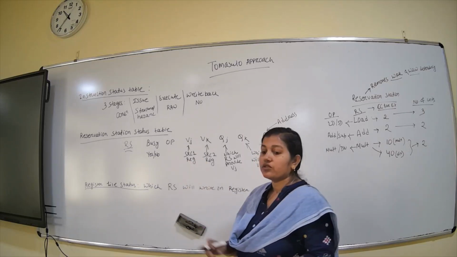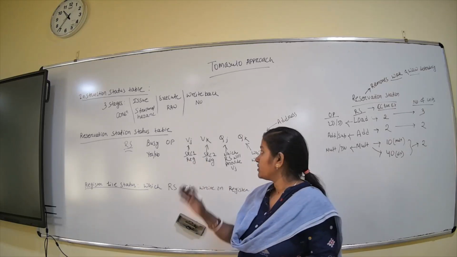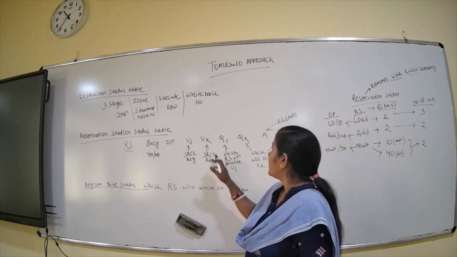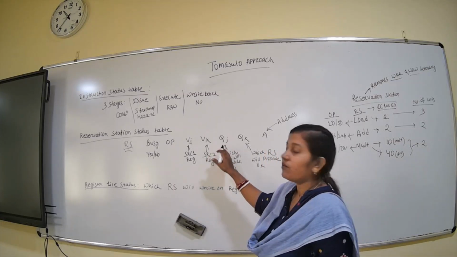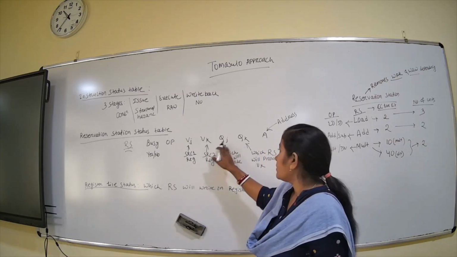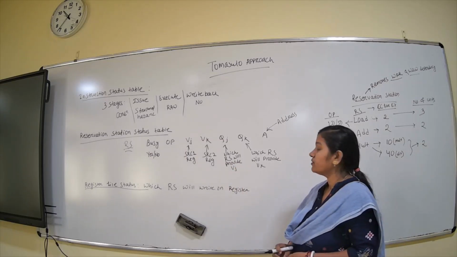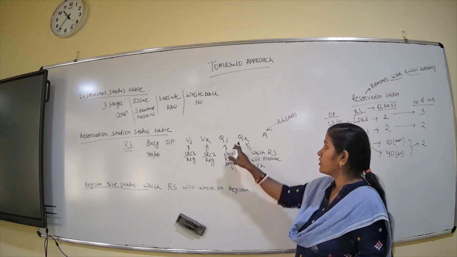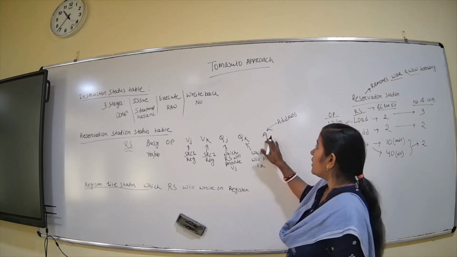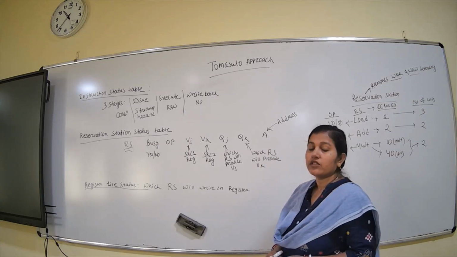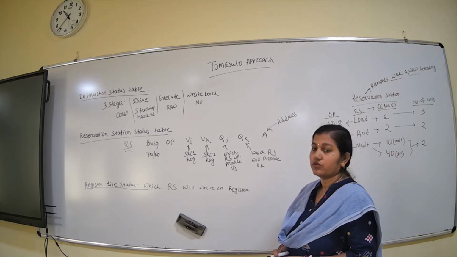Vj, Vk are the corresponding source register values, and whether Vj, Vk are available or not. If it is not available, then which reservation station will provide that Vj or Vk, corresponding to Qj, Qk. And A is the address that will be used for the load and store.